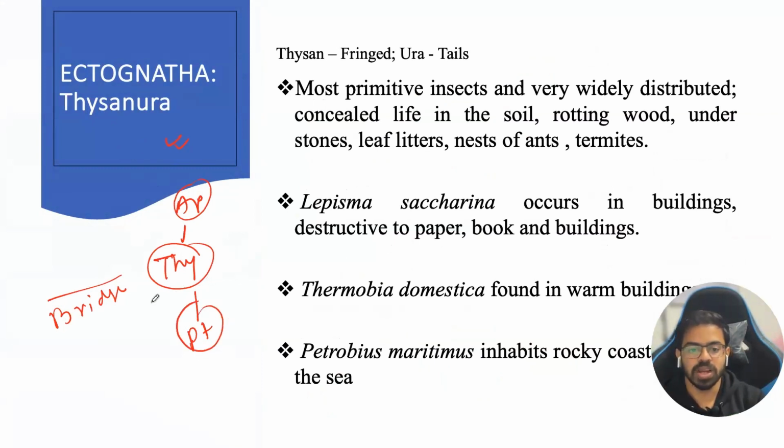Thysaneura acts as a bridge because several characters of pterygote insects are there, like the mandibular articulation, which is dicondylic in Thysaneura. And some characters are based on Apterygota, like it does not have any wings. So that is why it acts as a bridge between the Apterygota and Pterygota.